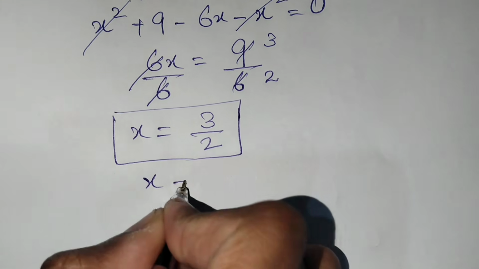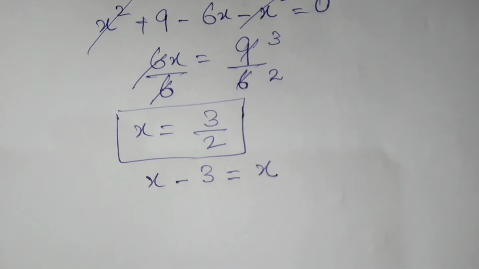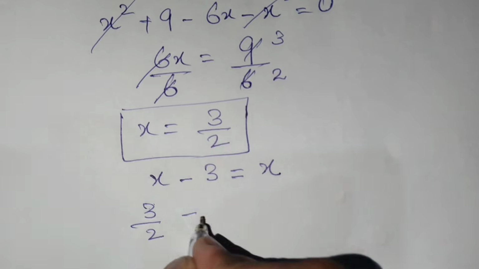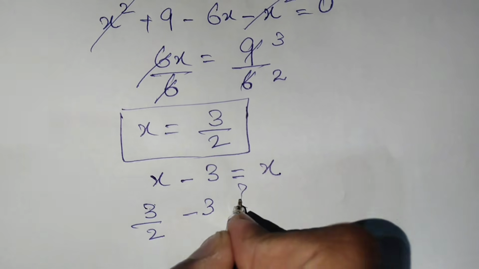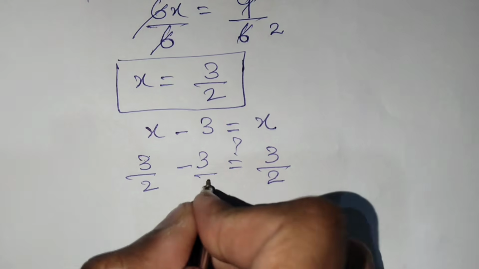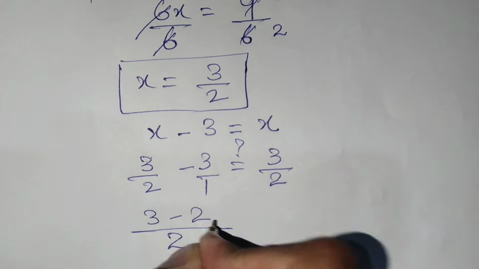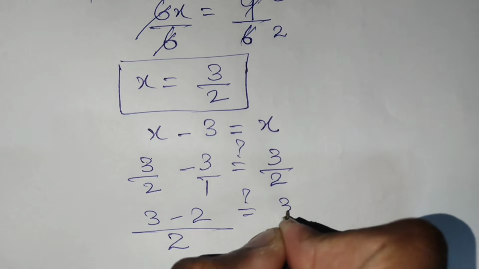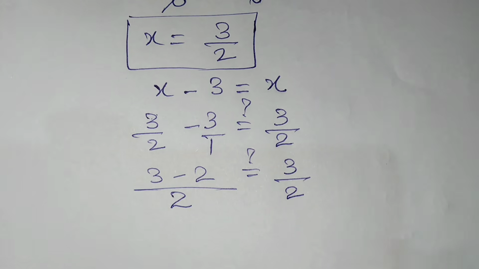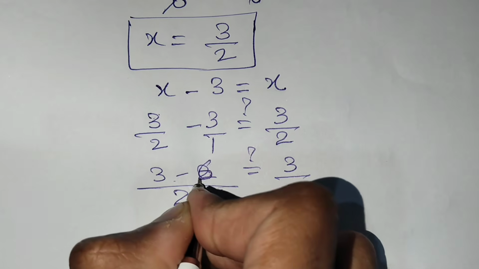We have x minus 3 equals x. So x is 3 by 2 minus 3 by 2. Taking the LCM 2, so 3 minus 6 over 2.